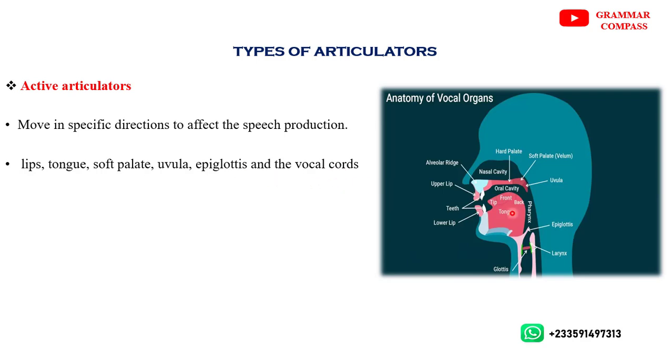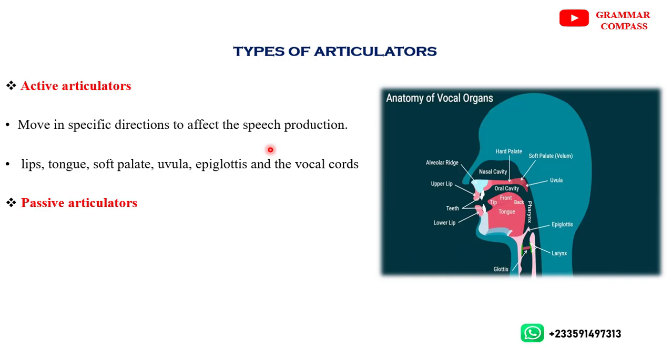You can find these in the diagram. Kindly pause and then look for them. These are the active articulators. Whenever you are producing any speech sound, they are like the energetic group members who always want to get things done. Active articulators.